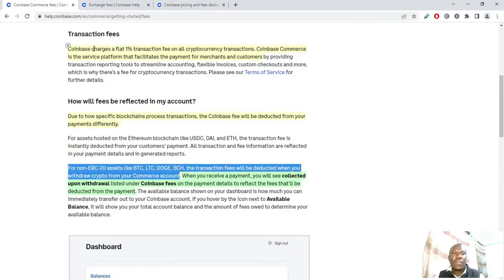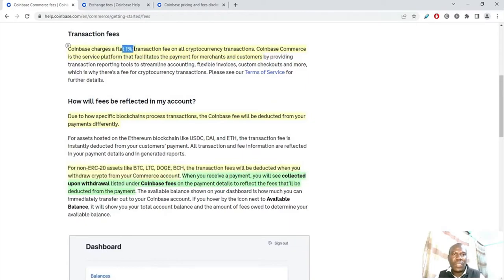Here, they charge you a flat fee of 1% transaction fee for all cryptocurrency transactions on your Commerce account. But for non-ERC-20 assets like Bitcoin, Litecoin, Doge, and Bitcoin Cash, the transaction fee will be deducted when you withdraw crypto from your Commerce account. So the transaction fee only happens when you withdraw.